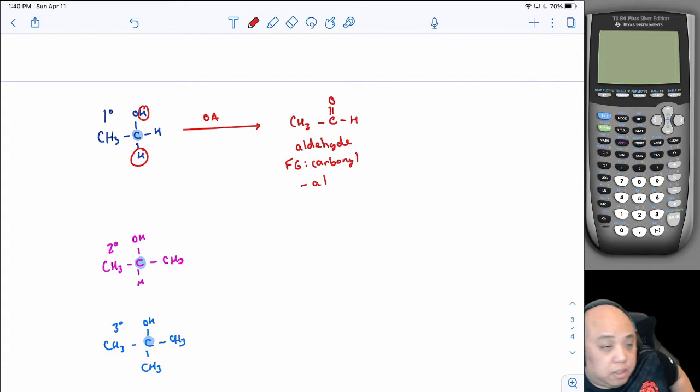So methanal, ethanal, propanal, things like that, you know, are aldehydes because they end in Al.